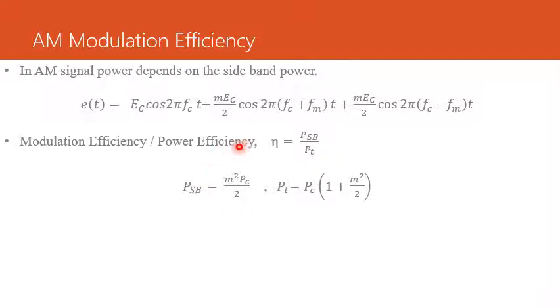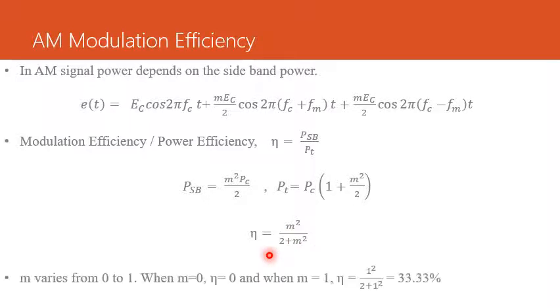So in the previous slide we derived the expression for the sideband power, which is equal to m square into Pc by 2, and the total transmitted power is equal to Pc into 1 plus m square by 2. If you substitute these two relations in this equation, the efficiency becomes m square divided by 2 plus m square. We already know the value of m varies from 0 to 1.